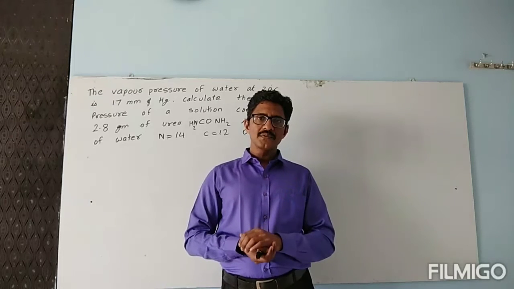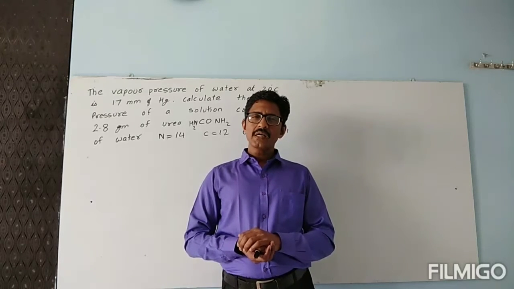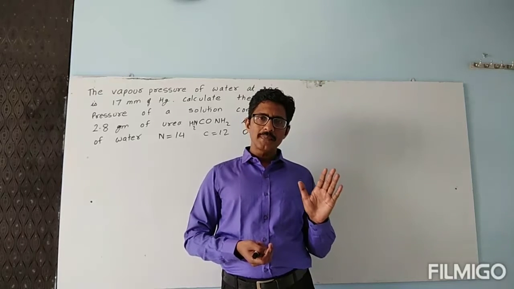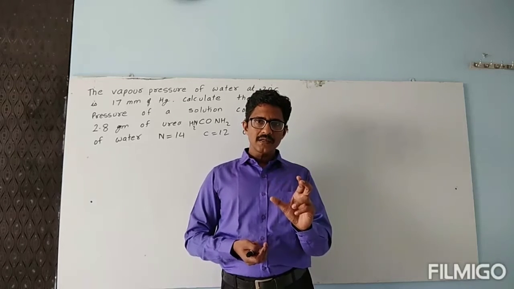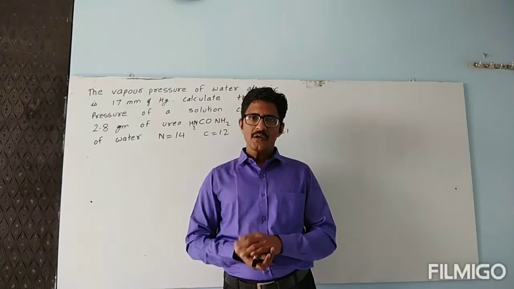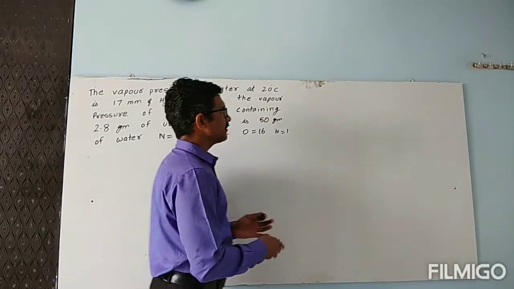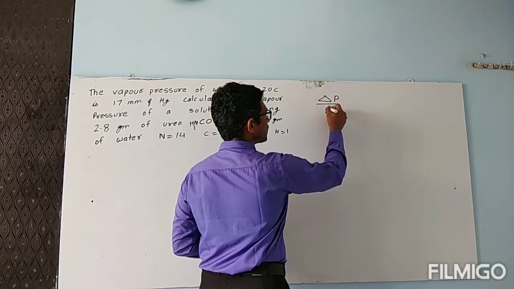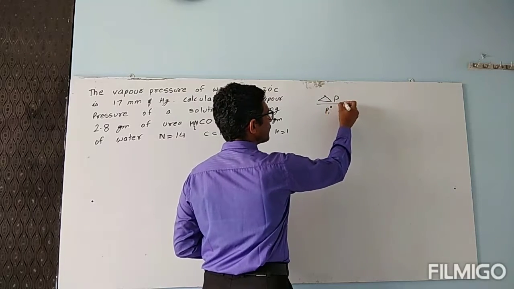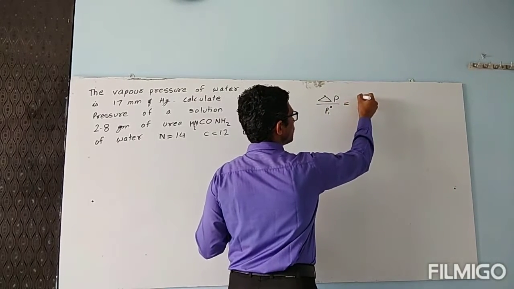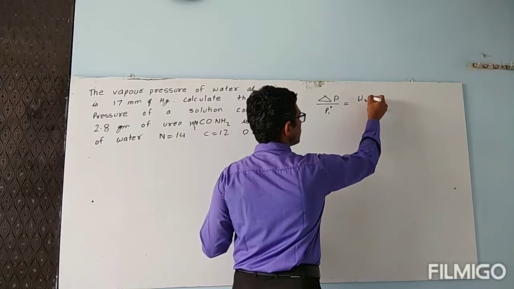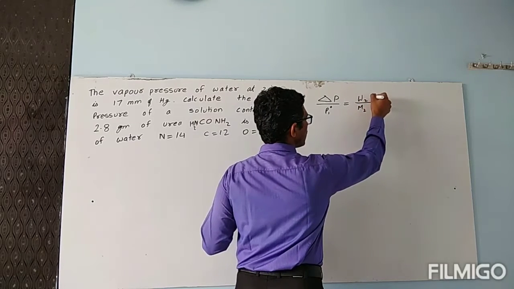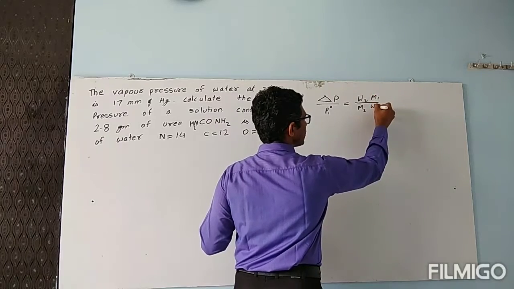In the exams, they will ask any question, but all these questions will be based on only this concept and this one formula. What is that formula, children? Relative lowering of vapor pressure (P1 standard minus P1 by P1 standard) is equal to W2 upon M2 and M1 upon W1.